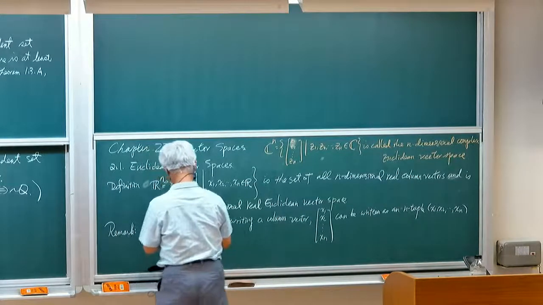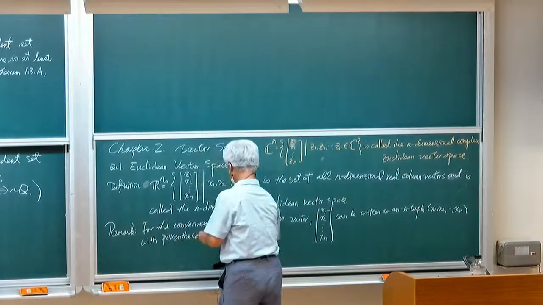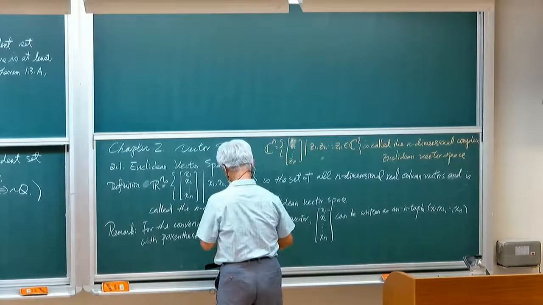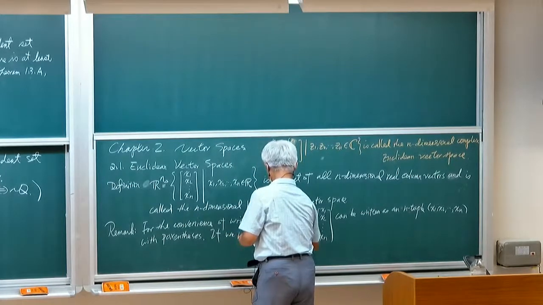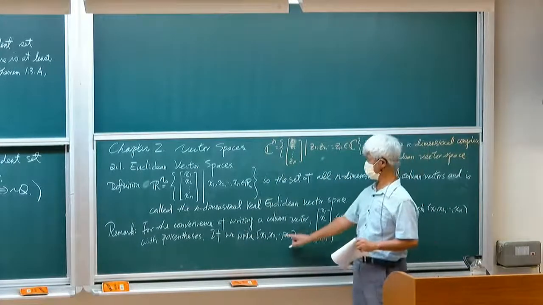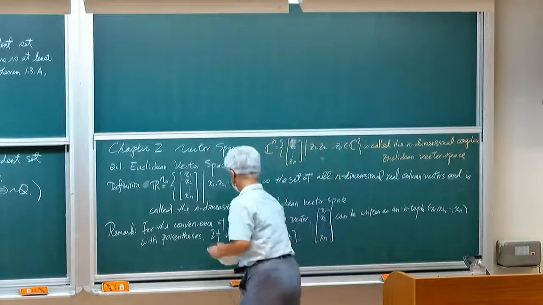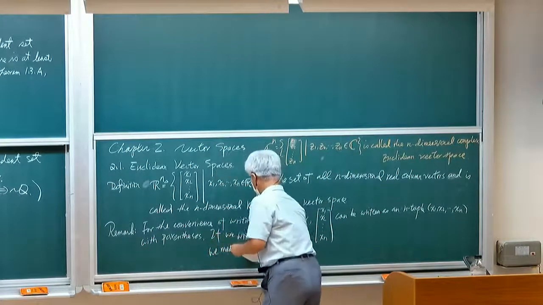If we write a vector in this way with brackets, we mean a row vector.